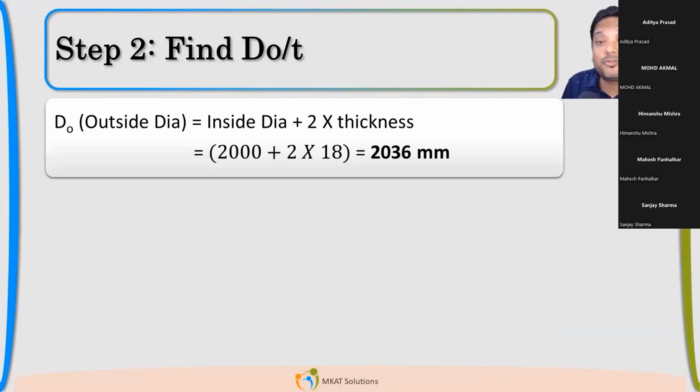Now I know you will be able to find the outside diameter. Somebody may get confused whether I should take 18 or 15 to calculate the outside diameter. Tell me guys whether it is correct, or are you thinking of 15 also?